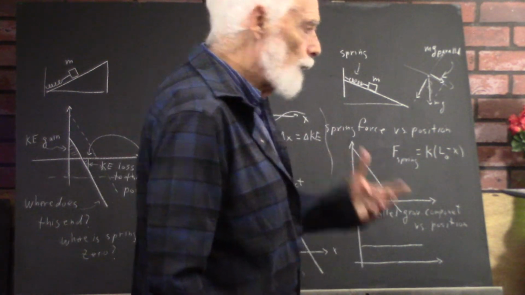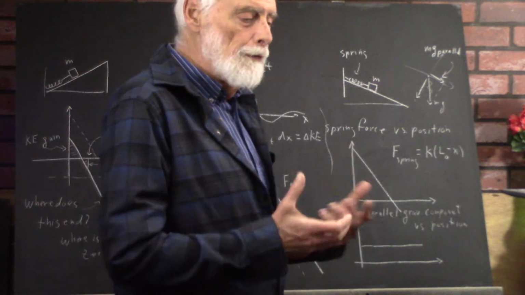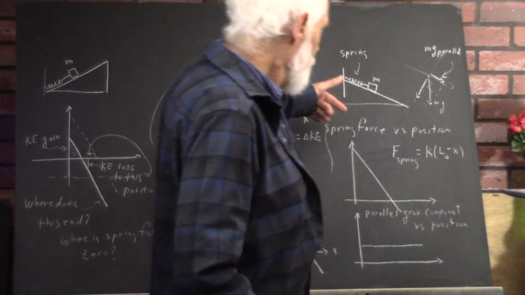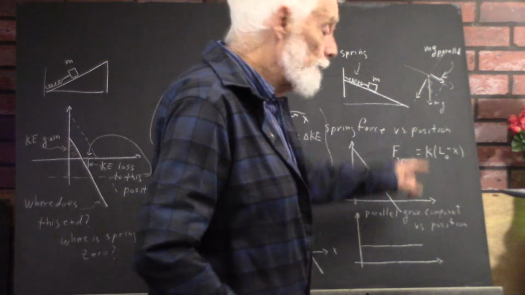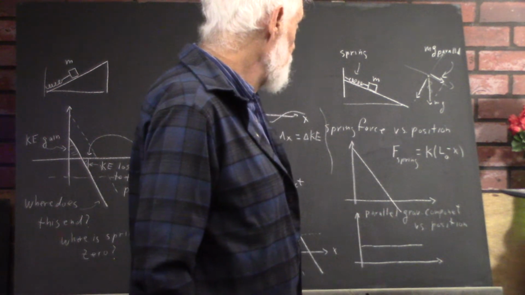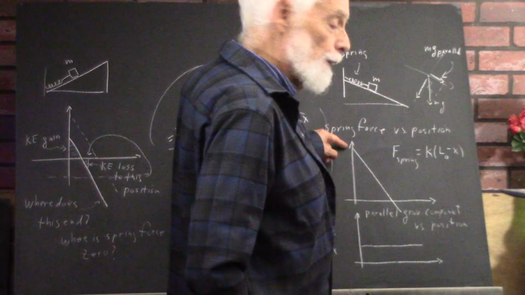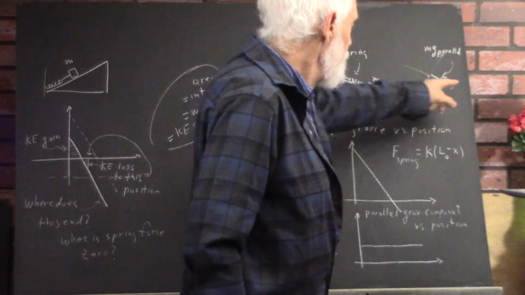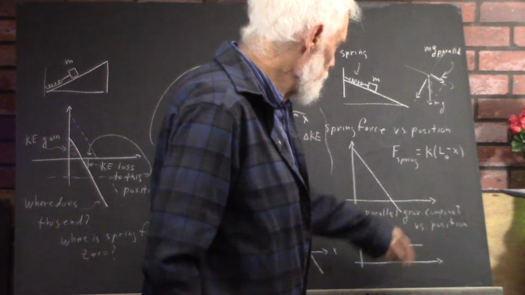In any case, you know that an ideal spring exerts a force that's linearly dependent on its length, so the graph will have to be a straight line. This is force versus position. Intuitively we understand that if you start with a compressed spring, you start with a force down the incline, which is implicitly the positive direction. So you have a force that looks like this.